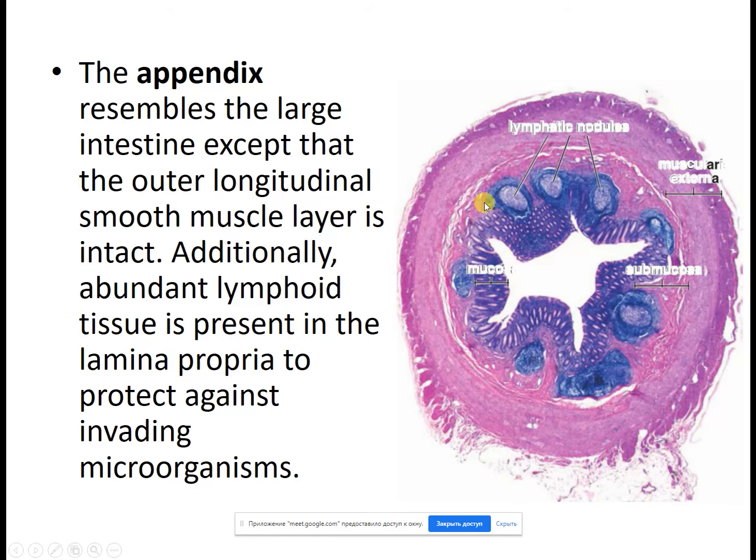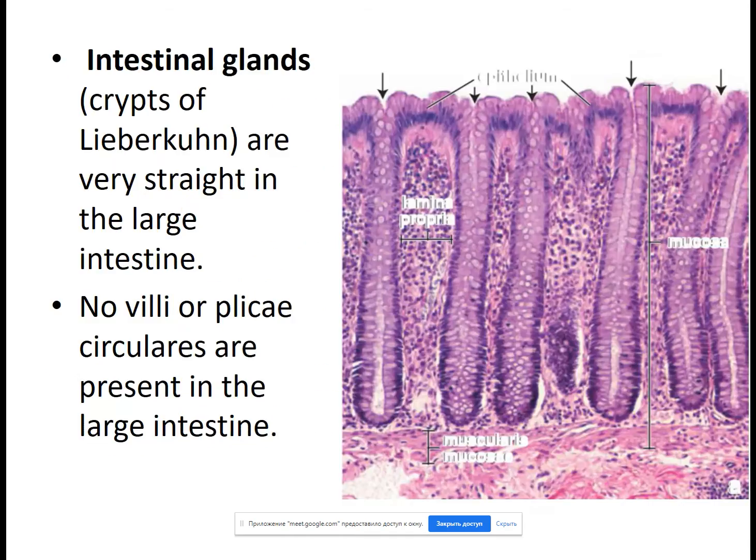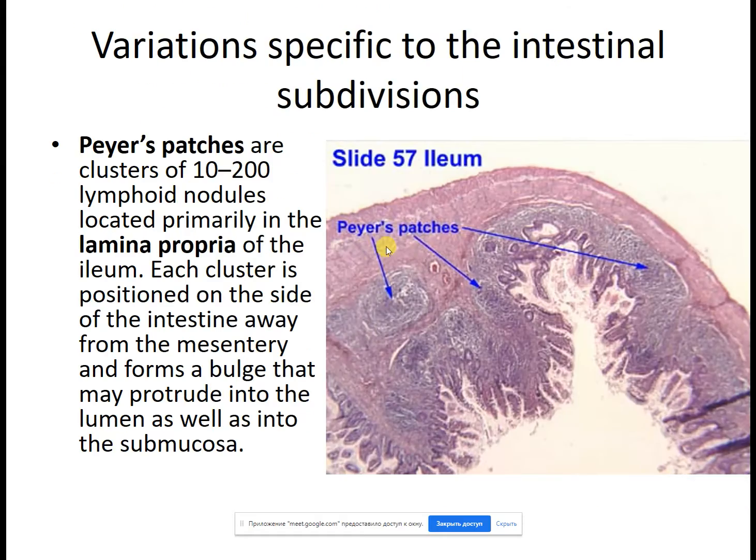If you remember from histology class, or if not, we will discuss it later in the cardiovascular and blood lecture. The lymphatic system has two types of lymph nodules, activated and non-activated. In the small intestine they are usually inactive, straightly composed. Let me show it here. Here appear patches like the lymph nodules.